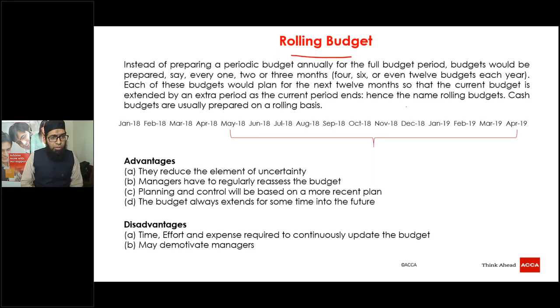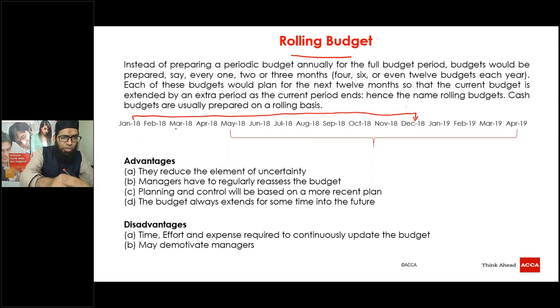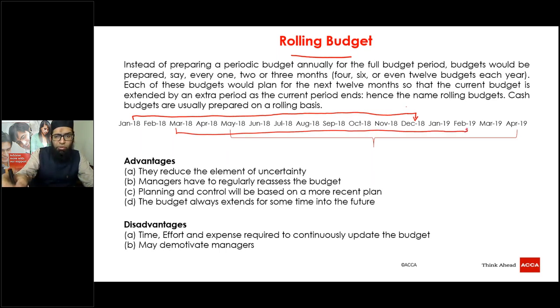So suppose, first of all, we had prepared the budget of January 2018 to December 2018, right? But suppose, in the example, the 2-month rolling budget means that I have to re-prepare the budget from March 2018 to February 2019.